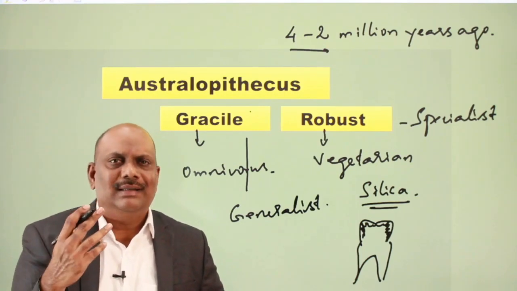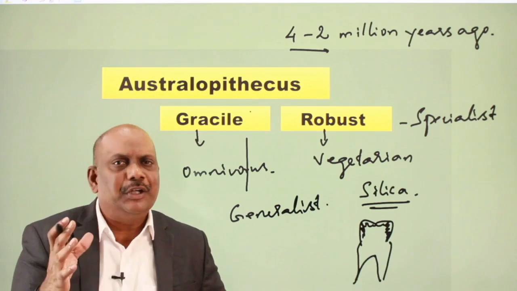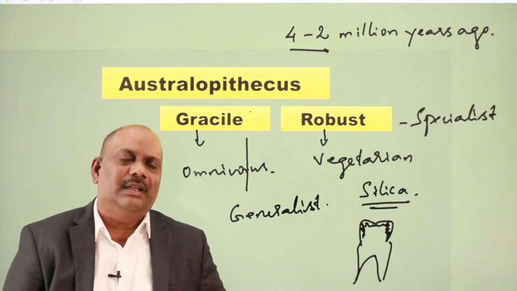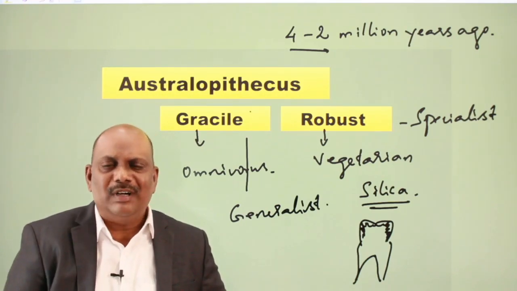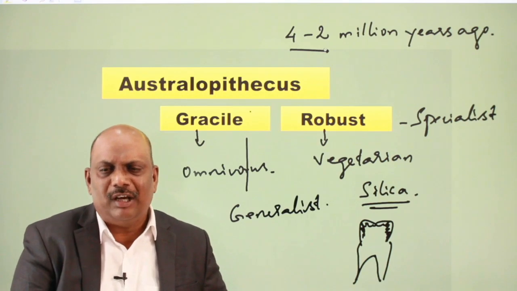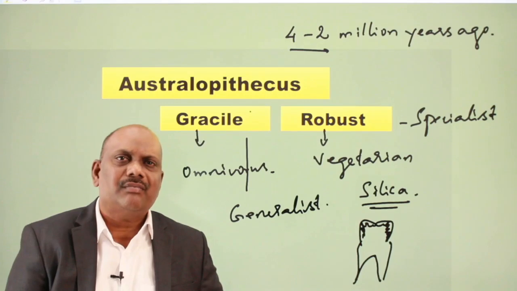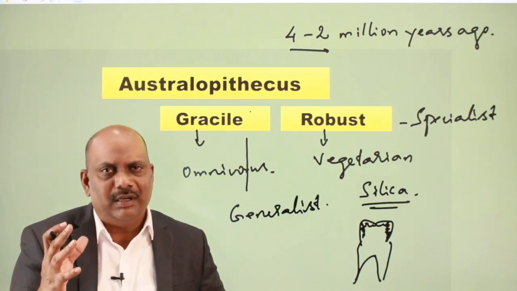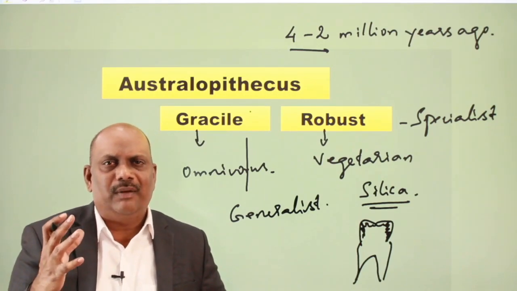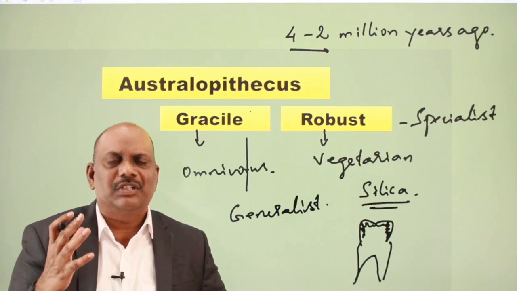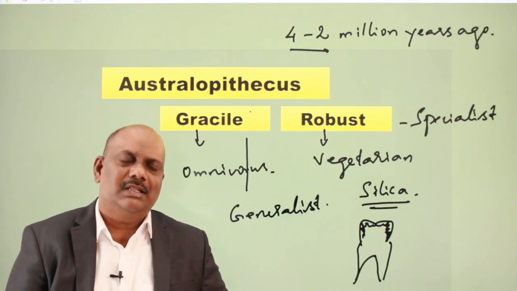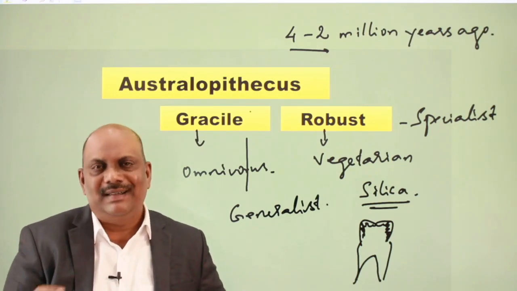Until 2 million years, there were not many issues for the Australopithecus. But towards the beginning of this 2 million years ago, there was a change in climate. A very cold climate started gripping the earth. That is the return of the Ice Age.